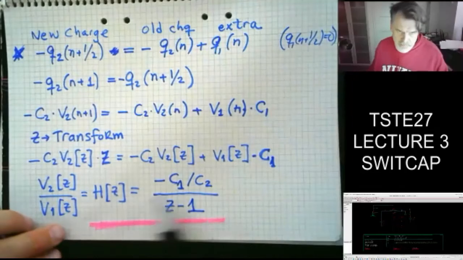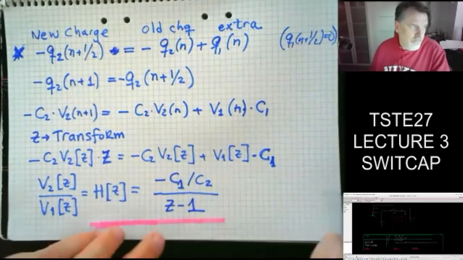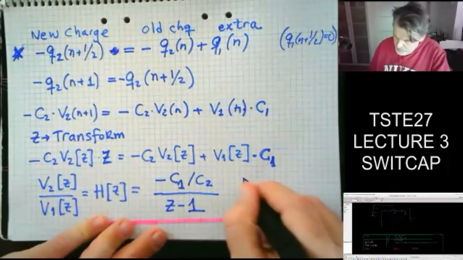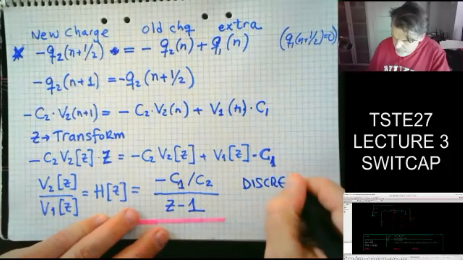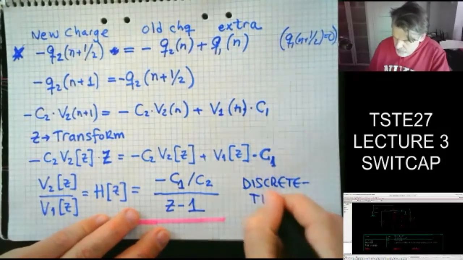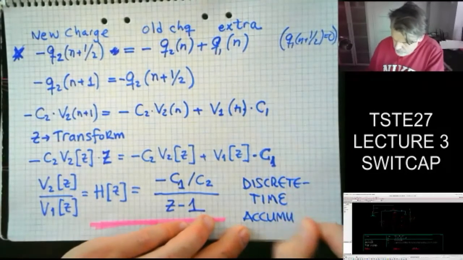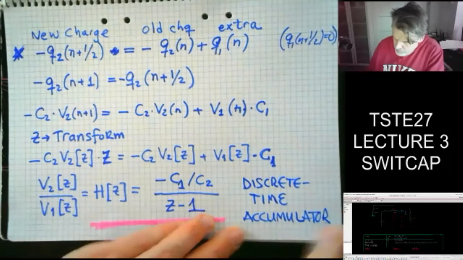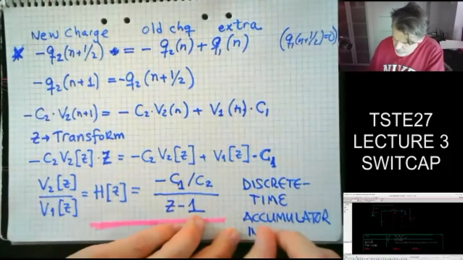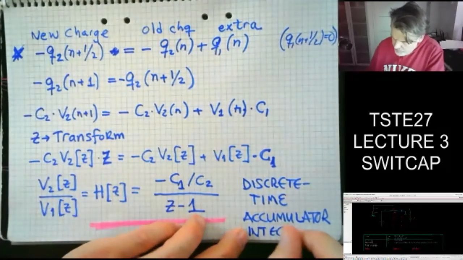And if one looks at this expression and recalls some basics, one will know this is a discrete time accumulator. Or like we say in the continuous time world, it's an integrator.